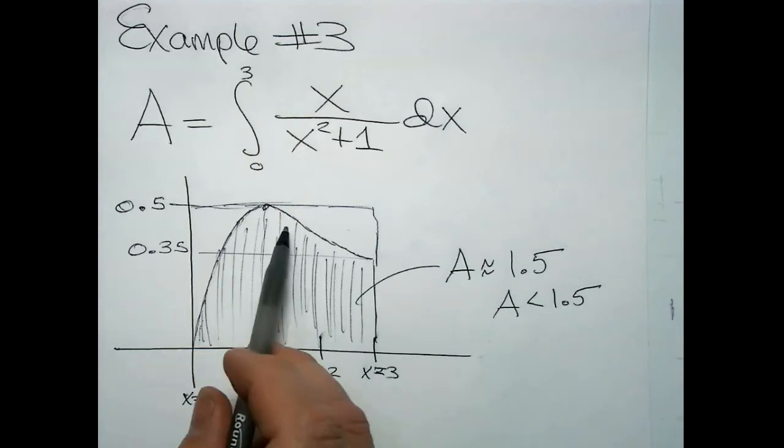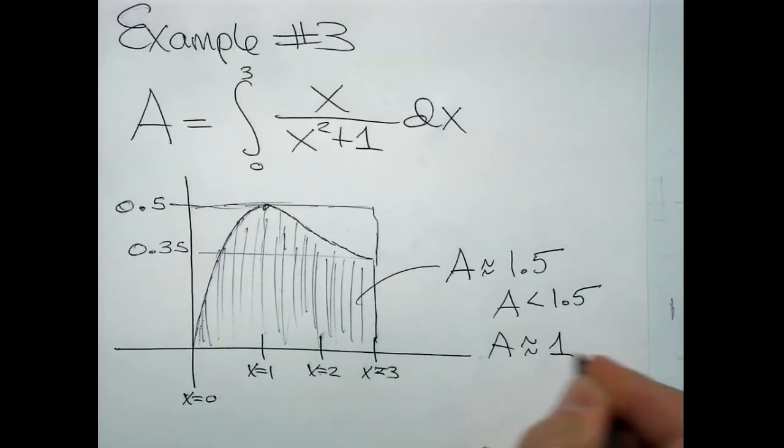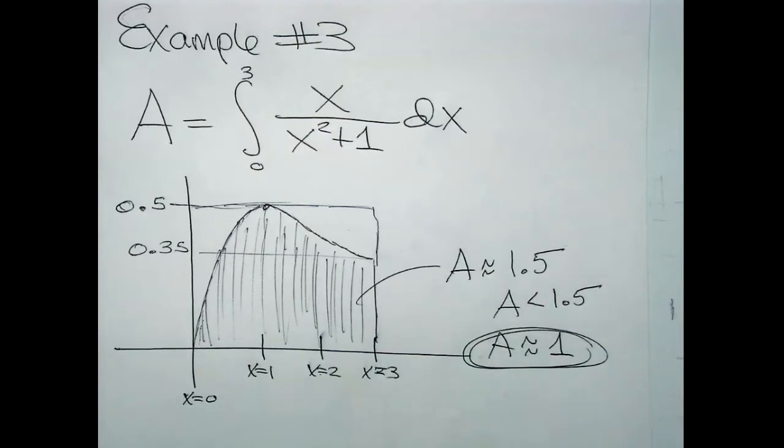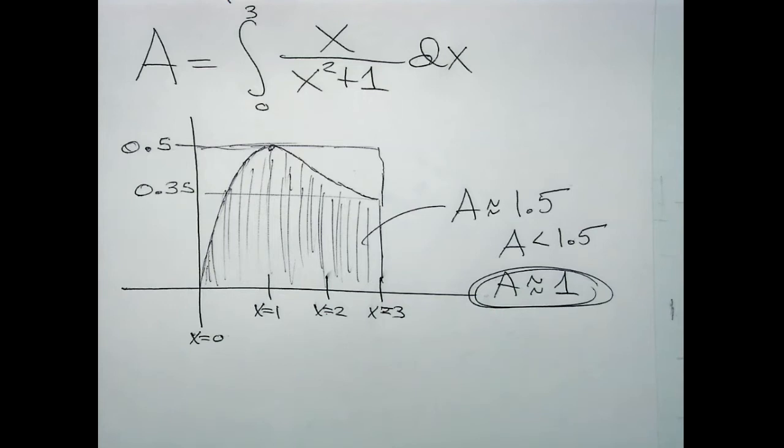We know that the rectangle would be 1.5. We clearly have less area than that. How much less, I'm unsure of. I'm going to say about 1. It's in the ballpark of 1, and that's just by eyeballing this curve. That's a rough guess on this.